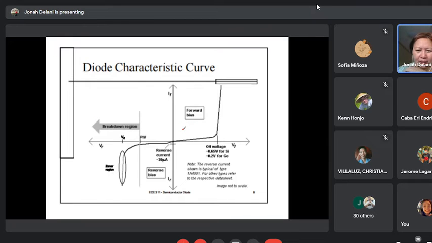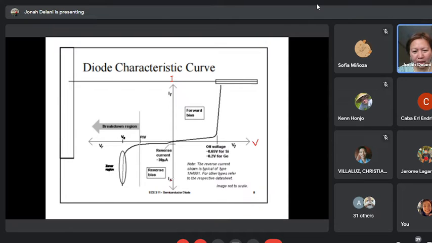So in this case, the input is the voltage. X-axis is the voltage, and the output is the current. IF ang gitawag diri. IF if it is forward bias, IR if it is reverse bias.